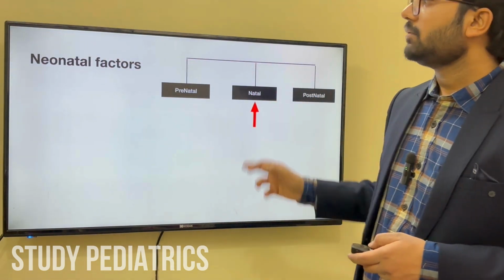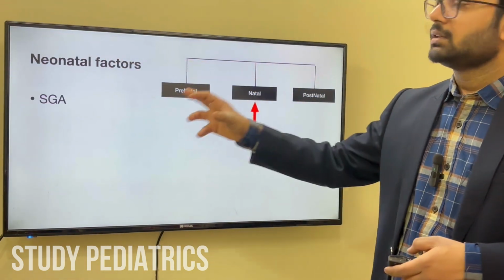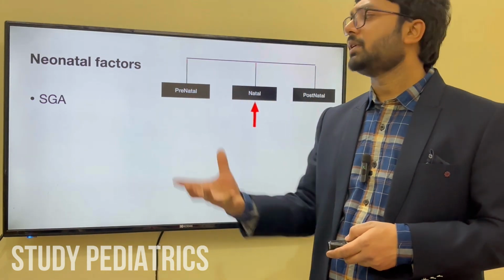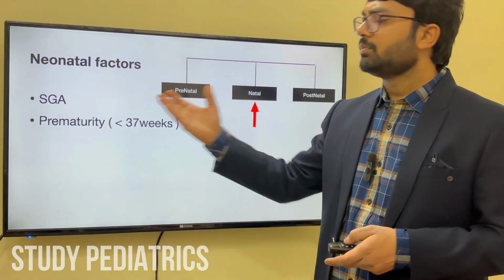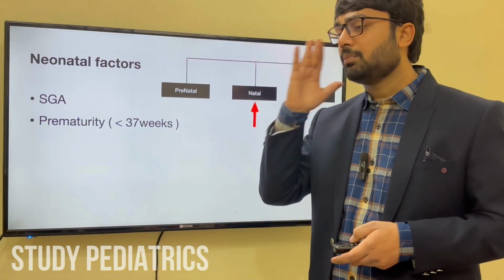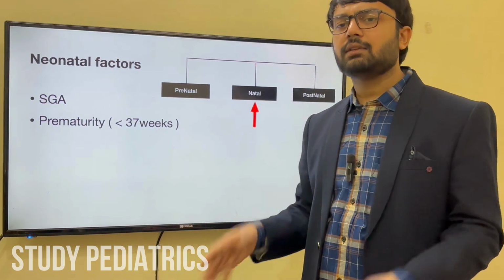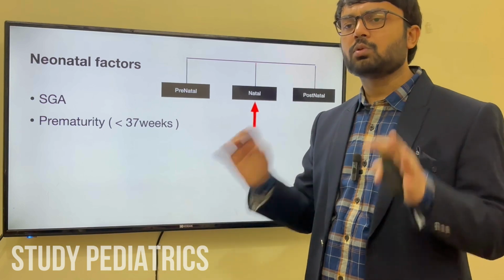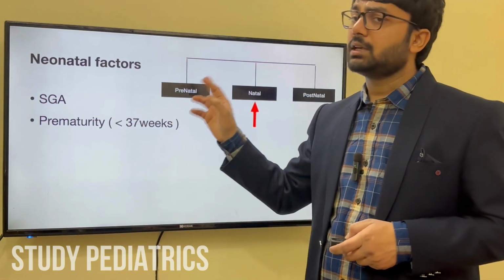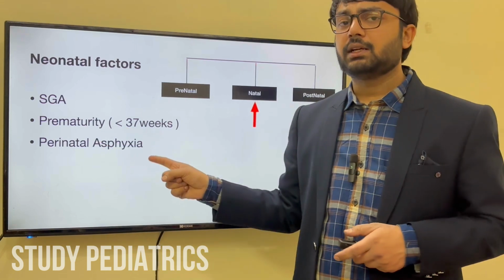Now coming to the natal factors or the neonatal factors, the small for gestation, a small baby may result in developmental delay or less development. Prematurity, the greatest risk of cerebral palsy is prematurity. A premature brain, or the underdeveloped or less developed brain, is prone to injury after birth. So it is prematurity's greatest risk factor. Next is perinatal asphyxia.